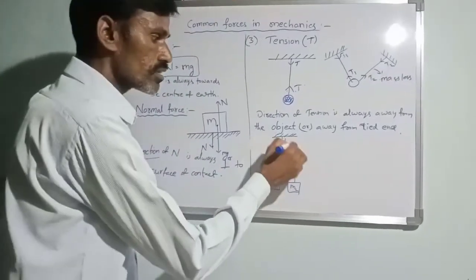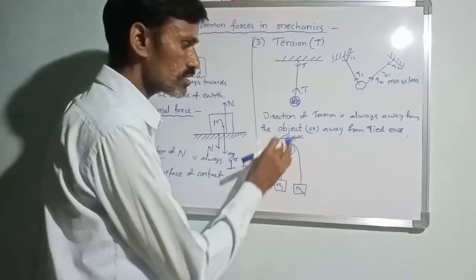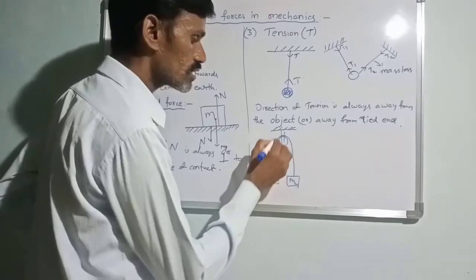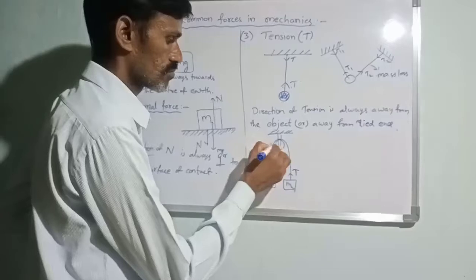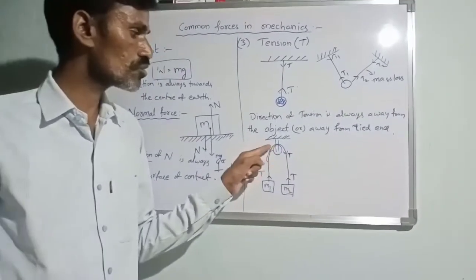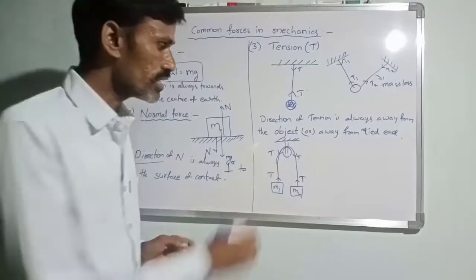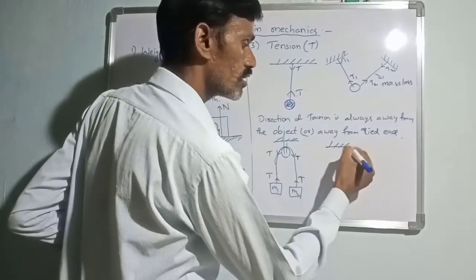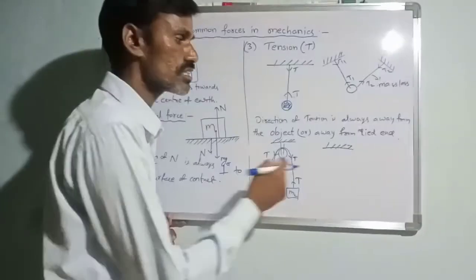If there is no friction between the pulley and the string, so this is a frictionless pulley, then the tension in the string is the same. If there is no friction between the pulley and string, the tension throughout the string is the same.